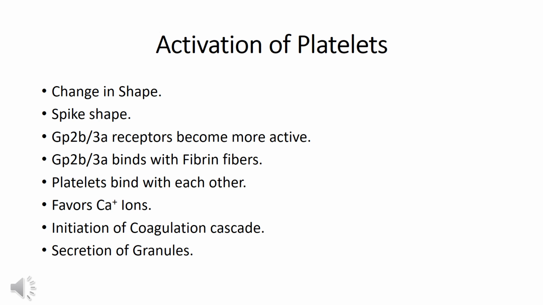GP2B and 3A receptors are involved in the binding of fibrin, as you have seen in the diagram in the previous slide. They bind with fibrin and with other platelets.